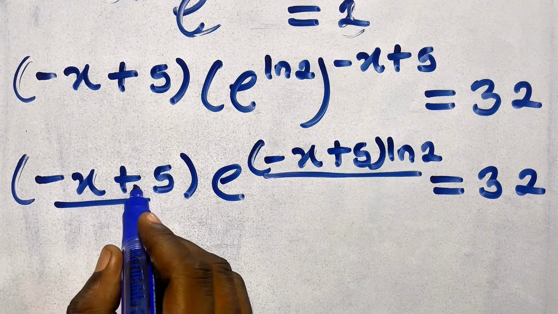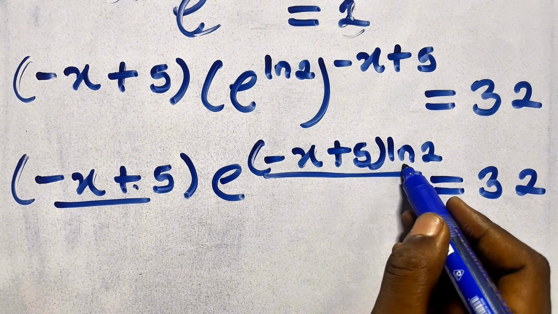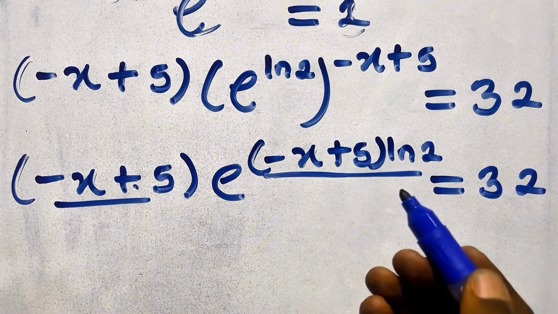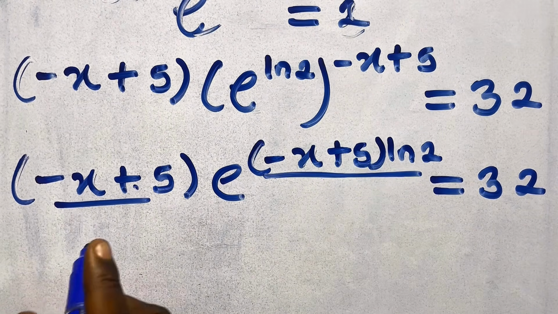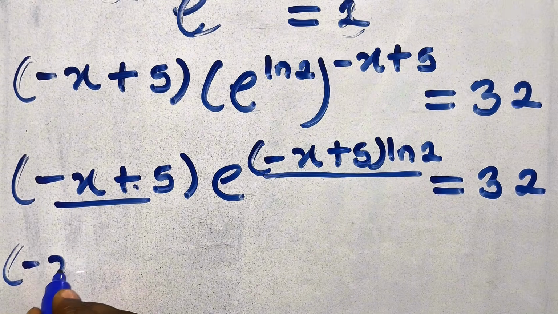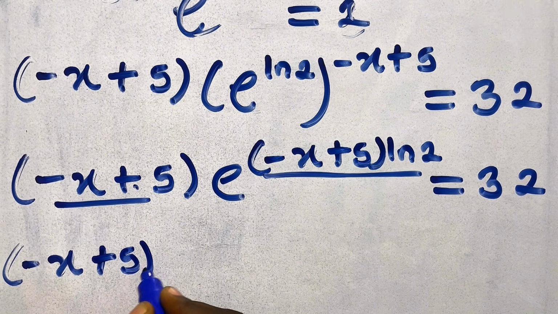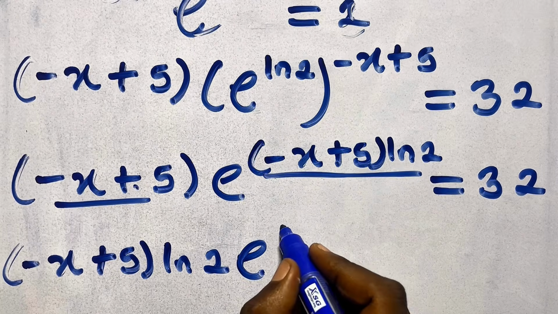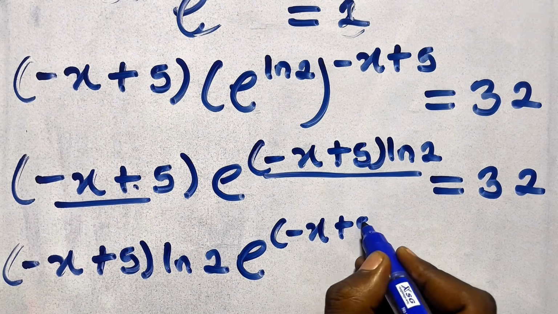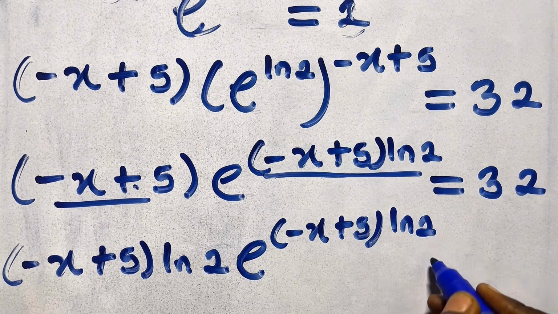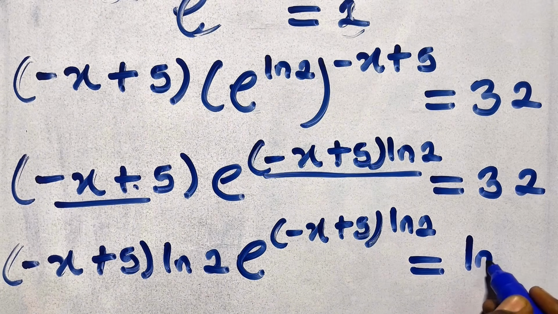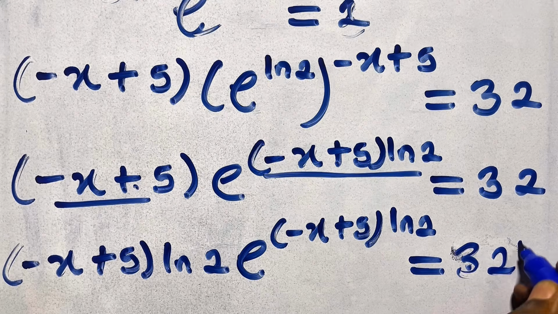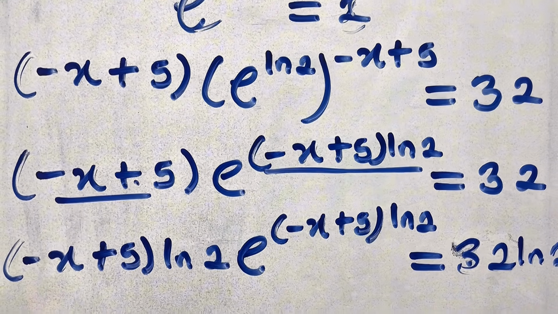We have minus x plus 5 here, minus x plus 5 here, but this is multiplied by ln 2 and this is not. So we multiply both sides by ln 2, and we have minus x plus 5 ln 2, exponential minus x plus 5 ln 2, equals 32 ln 2.